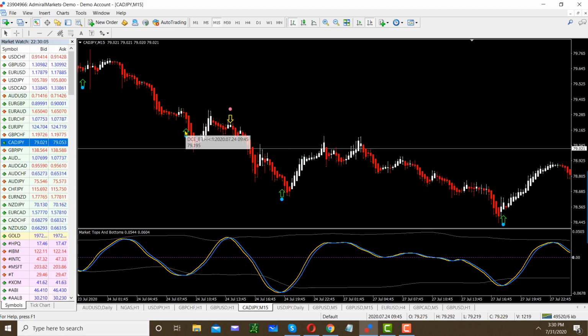Remember, on the arrows, we're not going in here. We have to have some things. We have to wait for the market to get a reversal pattern in here, and I use indicators for that.